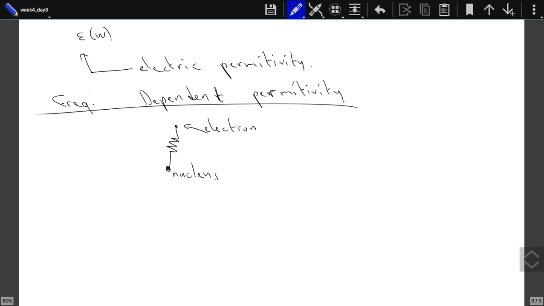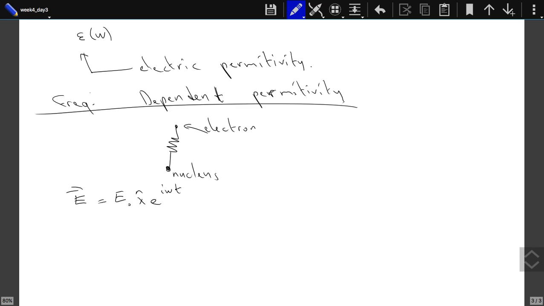So the simplest model. This is the nucleus. This is your electron. They're attached by a spring. Now, this is not a very realistic model. Nevertheless, it serves our purpose of demonstrating some of the possibilities.